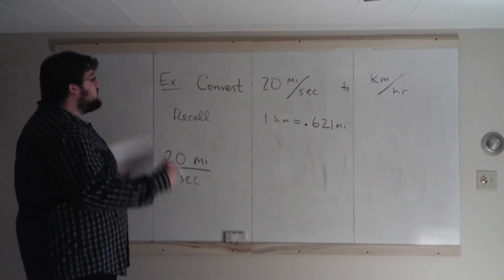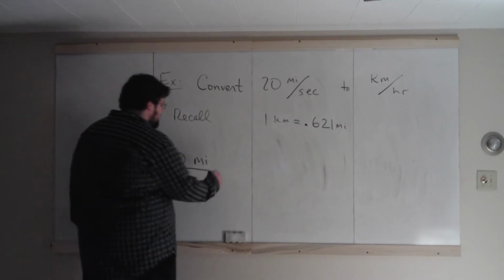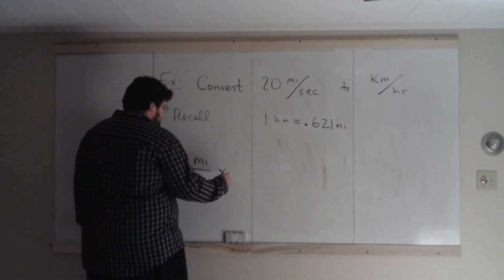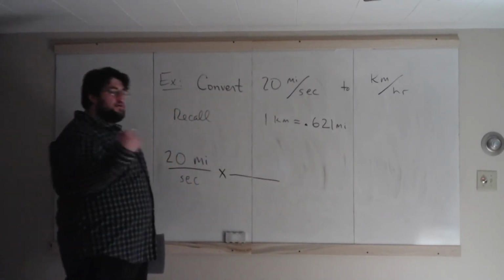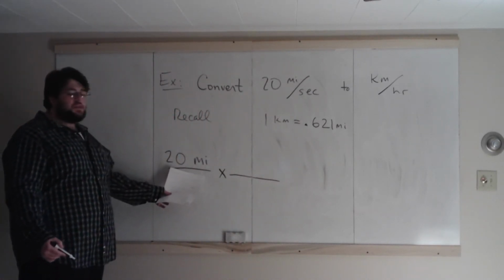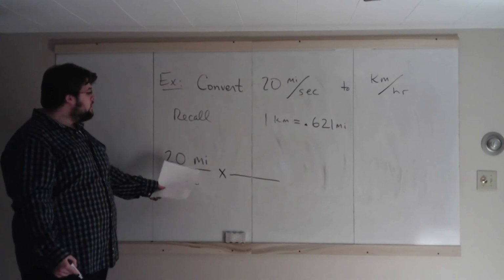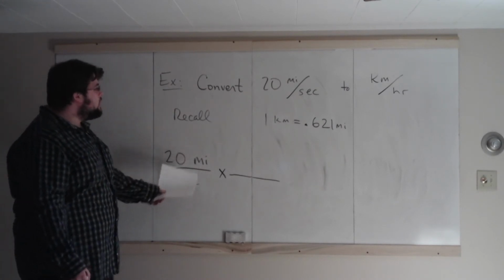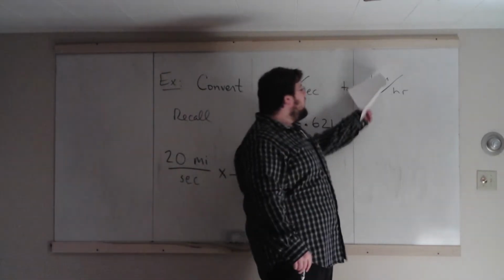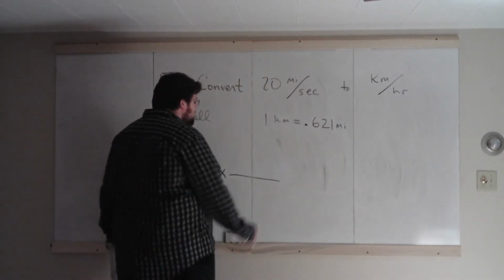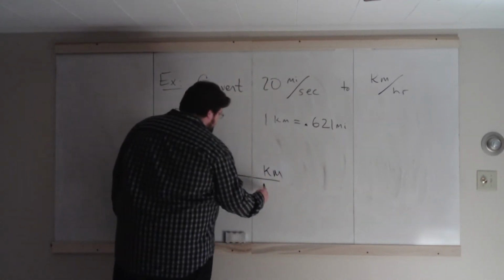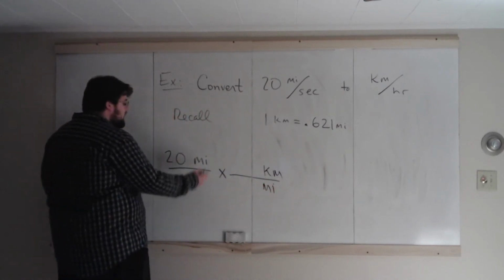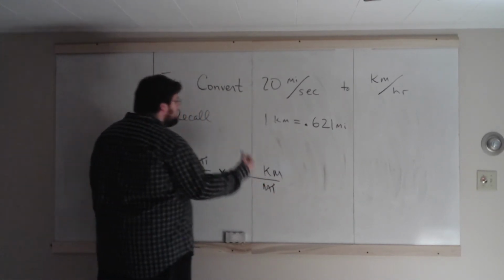So let's first convert miles to kilometers. The thinking I'm going through in doing this: I'm not even looking at the seconds in the denominator yet. All I'm looking at is miles in the numerator, and I want to have kilometers in the numerator at the end. So let's throw kilometers in the numerator, and let's throw miles in the denominator, because now miles and miles cancel.